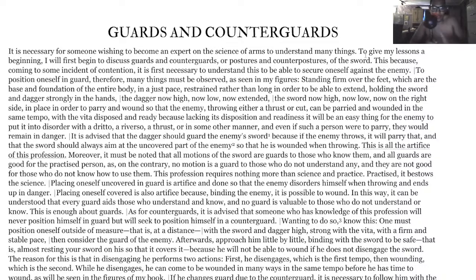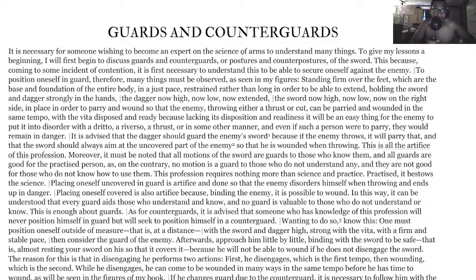To position oneself in guard, therefore, many things must be observed, as seen in my figures: standing firm over the feet, which are the base and foundation of the entire body, in a just pace, restrained rather than long in order to be able to extend, holding the sword and dagger strongly in the hands. The dagger now high, now low, now extended.